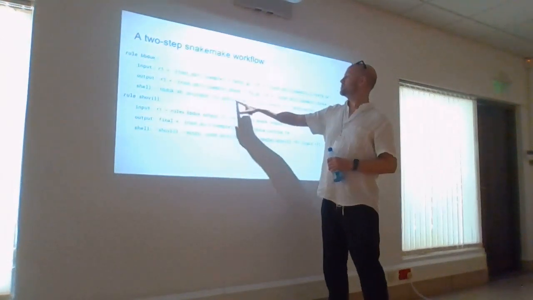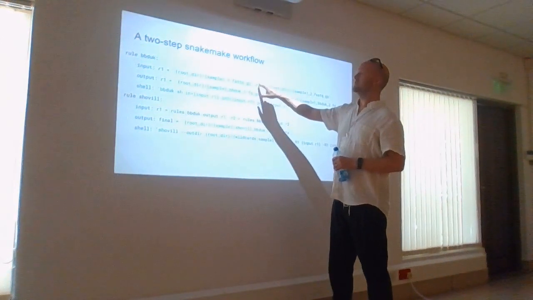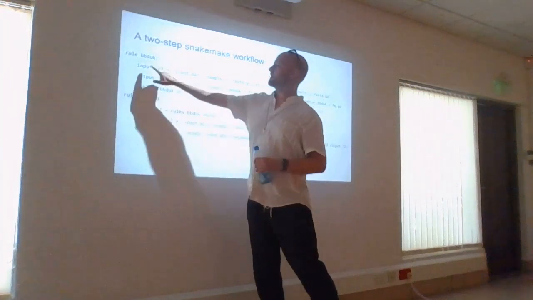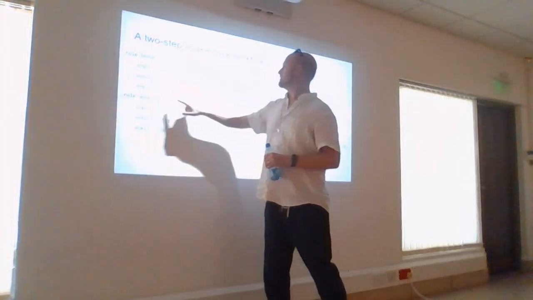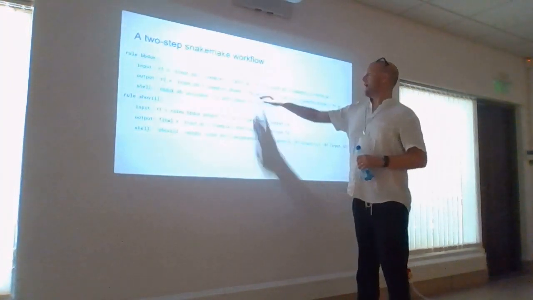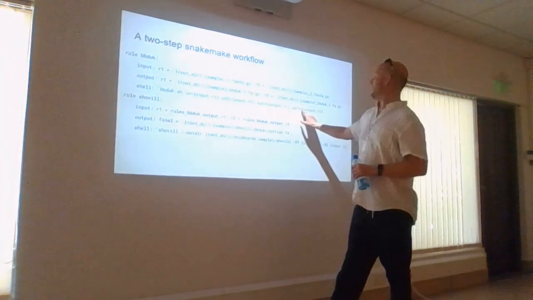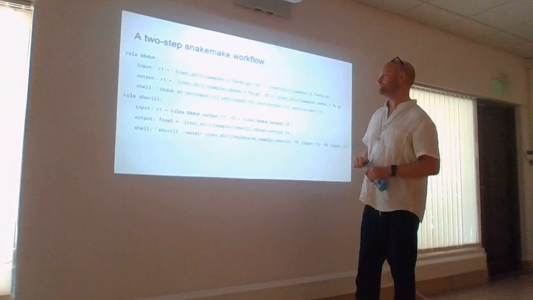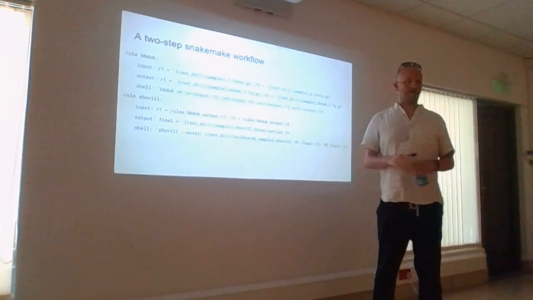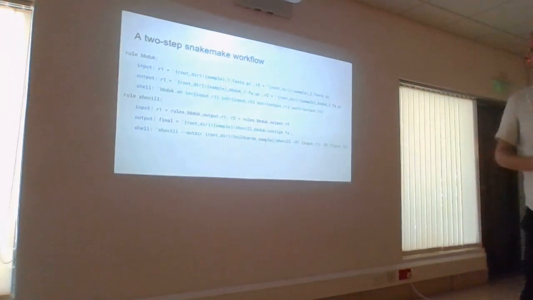And then in2 is input.r2. Input here is a keyword, and it knows which one we want. And then similar with the output, output.r1 and output.r2. So that's just a slight extension of what we have learned previously.